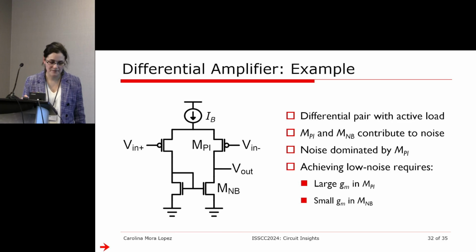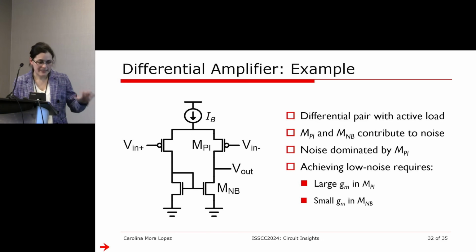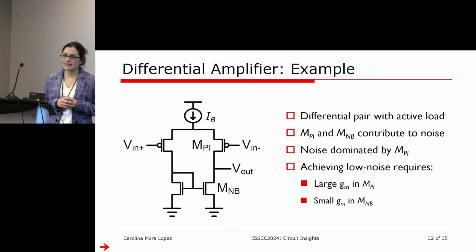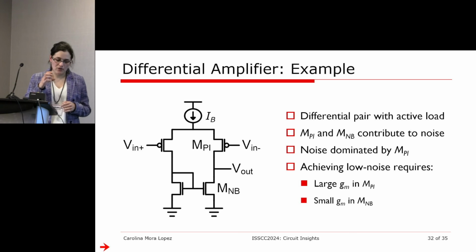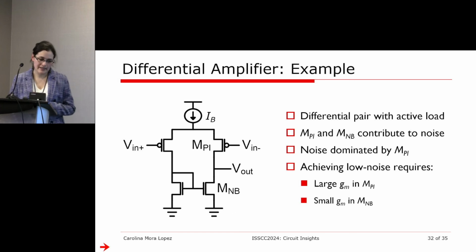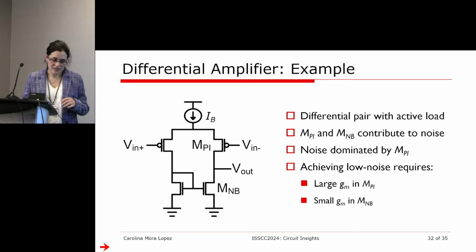in your circuit. Now, another example: how do you actually define this op-amp or your differential amplifier that goes into this low noise amplifier? Here I have the most simple example of a differential amplifier, the 5 transistor amplifier.